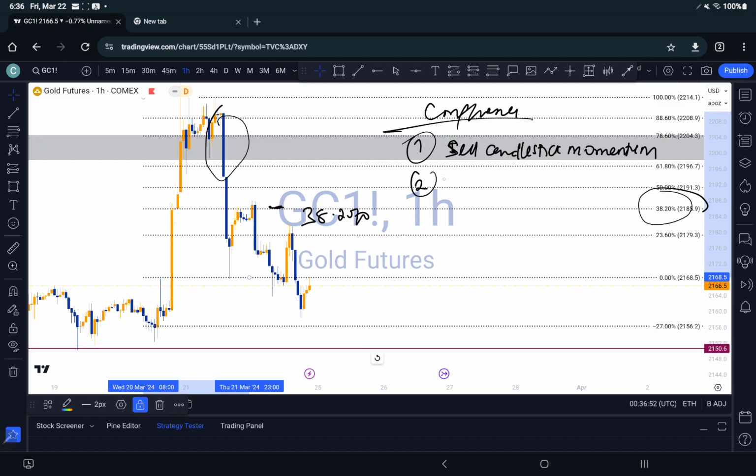Right now we can see that we are having a retracement around my 38.2% fib level, which is my second confluence.